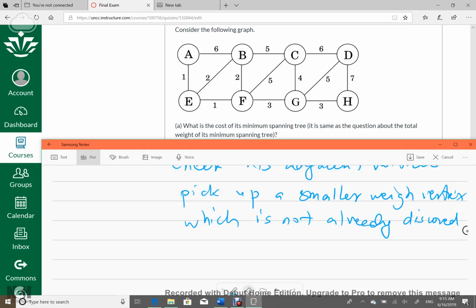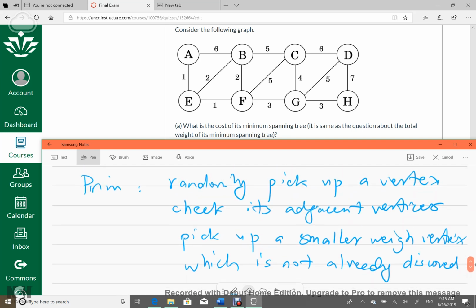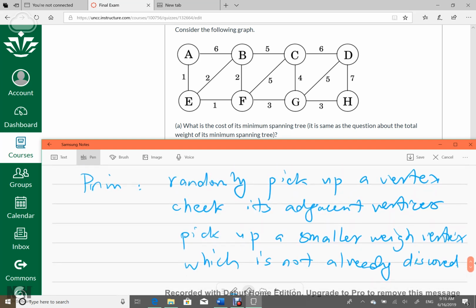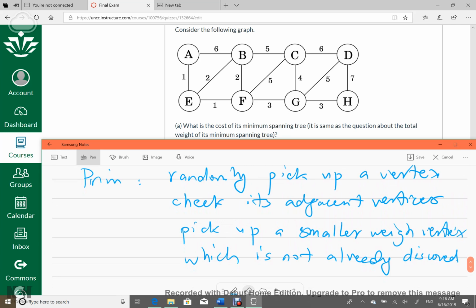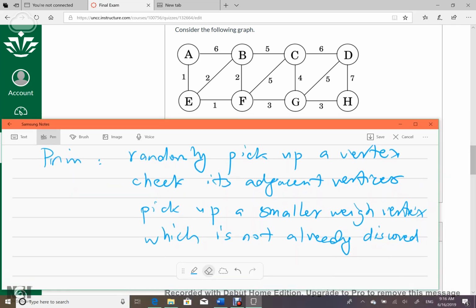Okay, and then in that case, since you need to maintain the adjacent list, we need to use the priority queue. This one also needs to use the priority queue. And save what you have, and check the adjacent after picking up the smaller one.